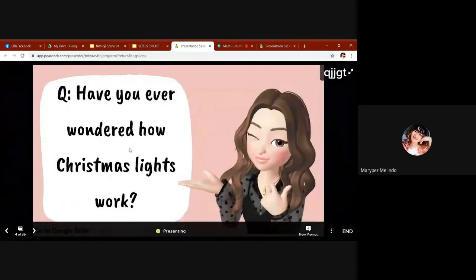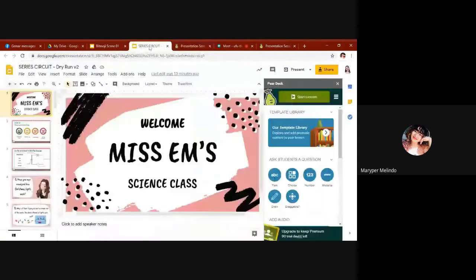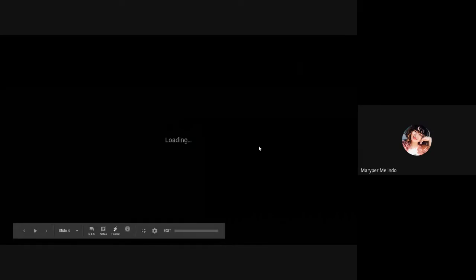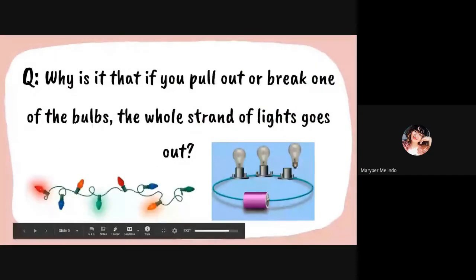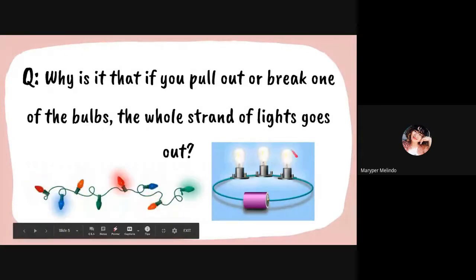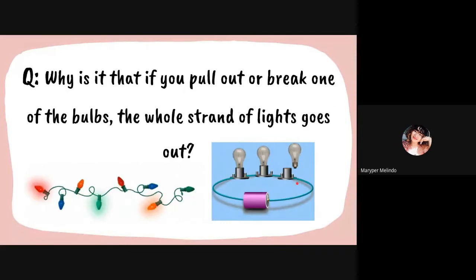So the question is, have you ever wondered how Christmas lights works? Why is it that if you pull out or break one of the bulbs, just like this one here, when you remove one of the bulbs, the whole strand lights goes out?